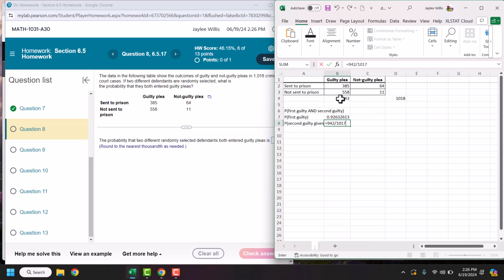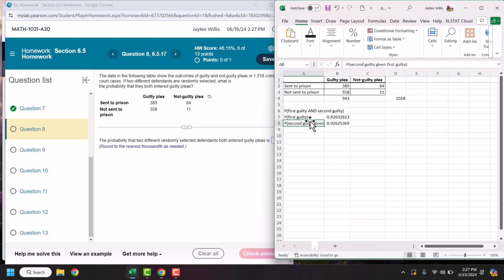And those numbers are one less than these two numbers because if you have 1,018 people and you select one person and there's someone who pled guilty, that means you only have 1,017 people left to choose the second person from. And 942 of those people pled guilty.